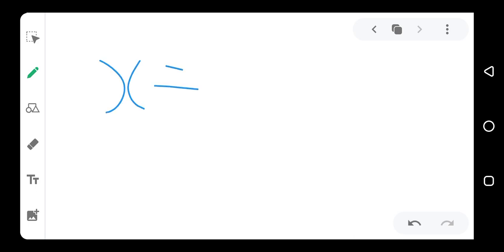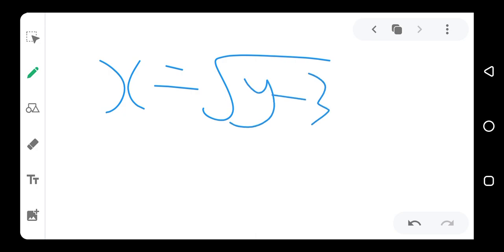x is equal to cube root of y minus 3. Cube root of y minus 3. Now this is equal to f of y. We have changed f of x to f of y.